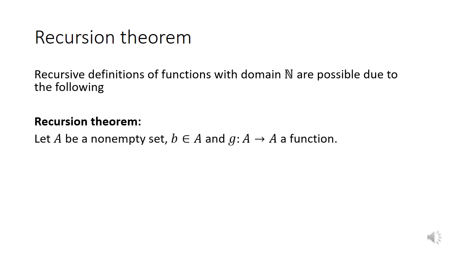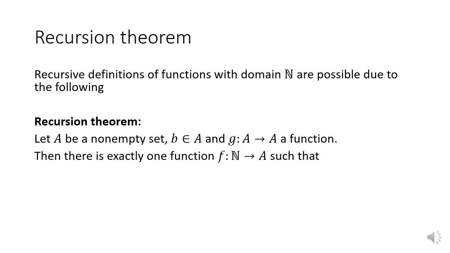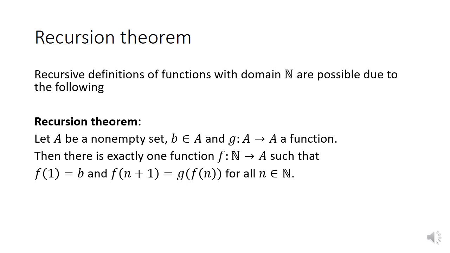Let A be a non-empty set, b a member of A, and g a function from A to A. Then there is exactly one function f from N to A, such that f of 1 is b and f of n plus 1 is g of f of n, for all n in N. The recursion theorem can be proved by mathematical induction.